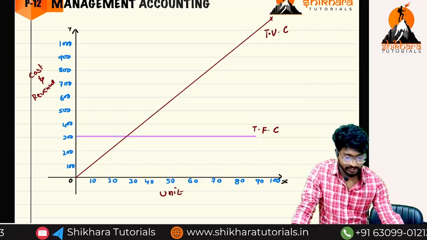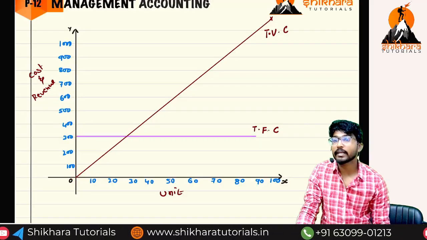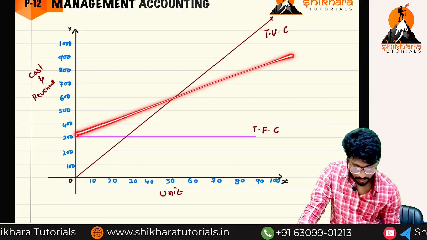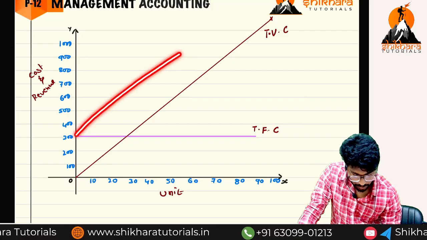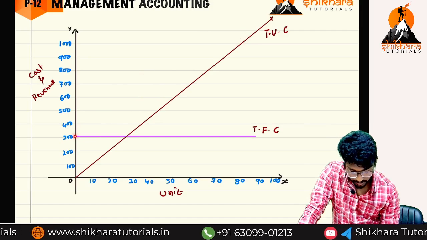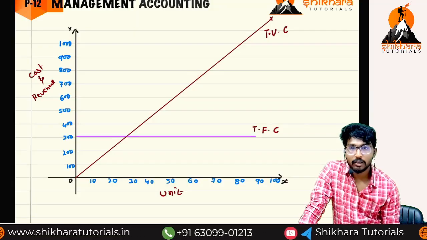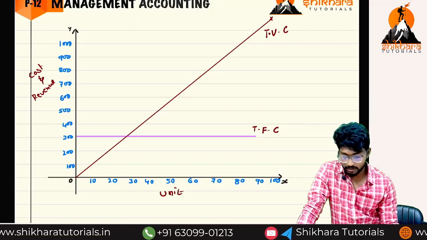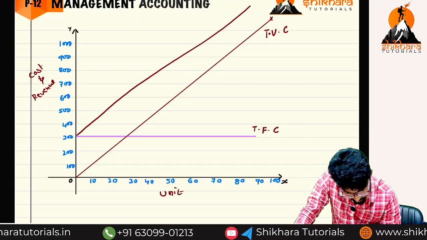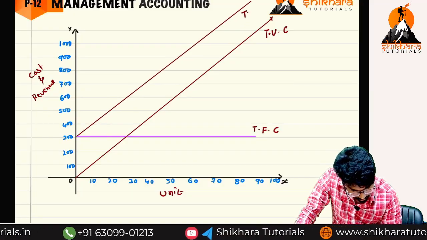That means at 0 units, your total cost is equal to 300. That means your total cost will start from 300 and goes parallel to the total variable cost line. From here it will start and it is a parallel line with whom? Total variable cost. It is total cost.